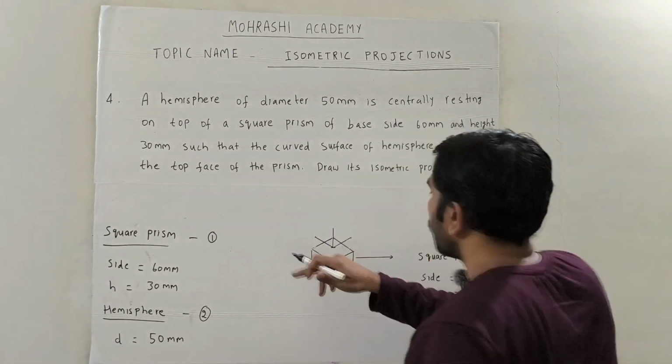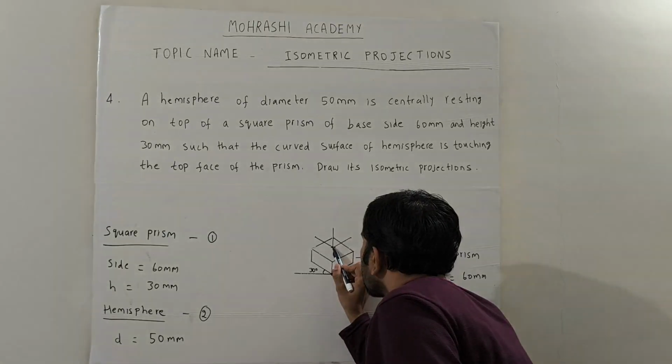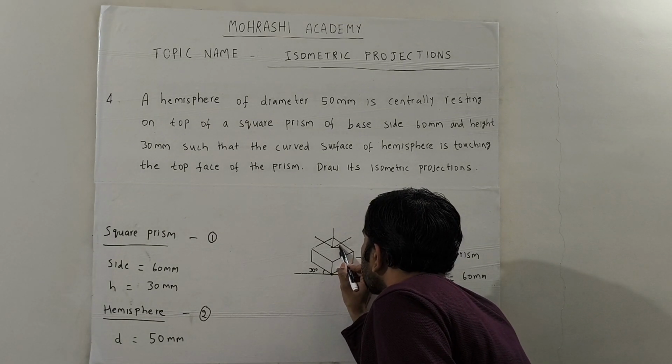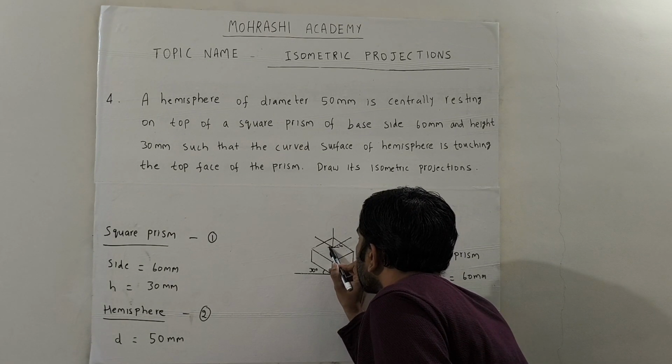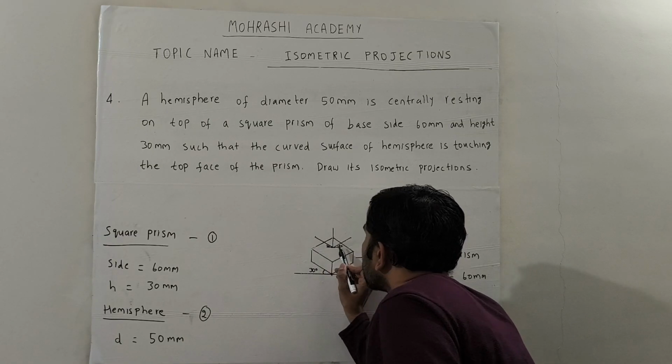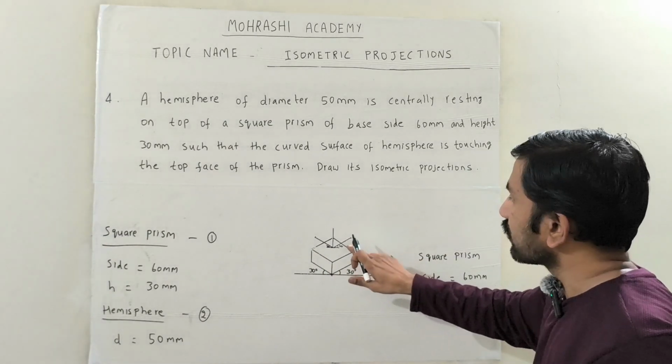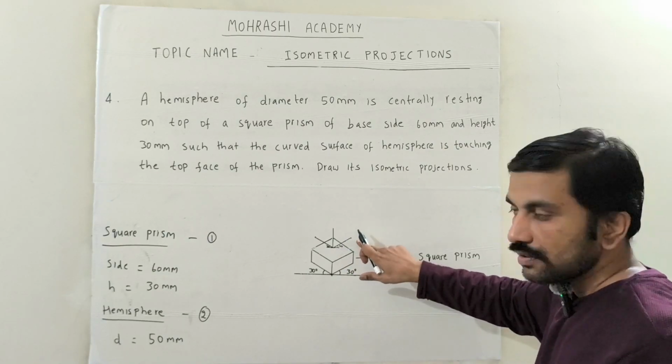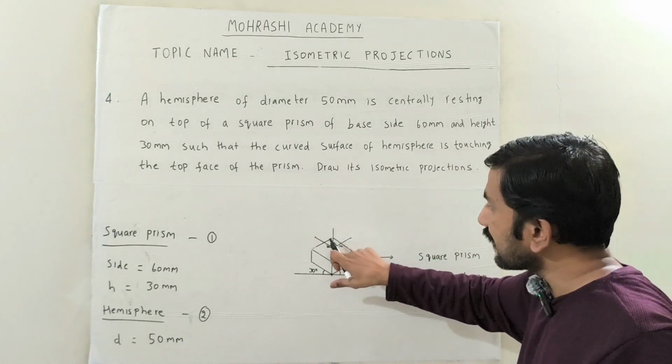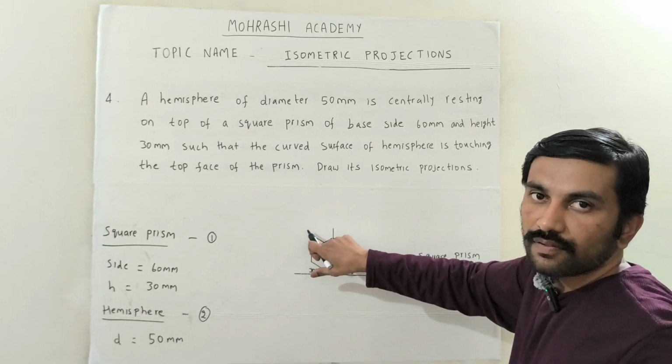Okay, 50 mm, that means from here also I have to maintain 30 degree. Here also I have to maintain 30 degree. I have to draw the 30 degree, 50 mm length, or 5 centimeter.